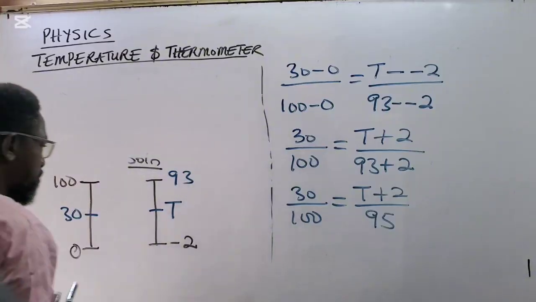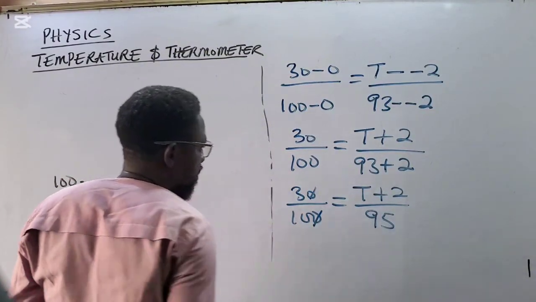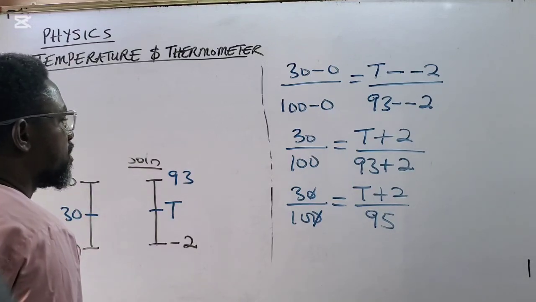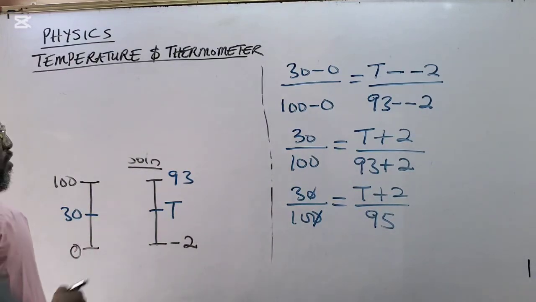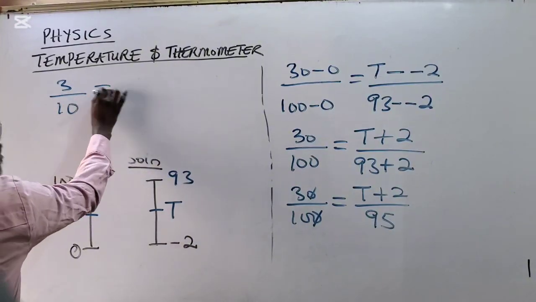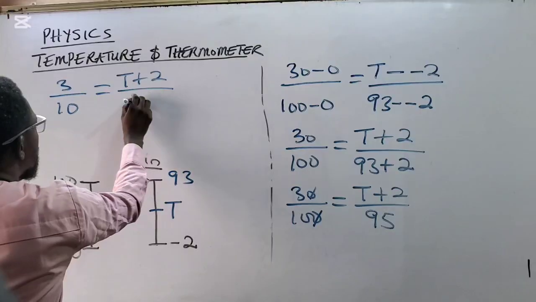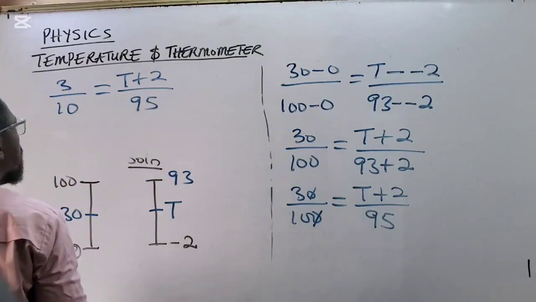Better still, before you cross multiply, cancel this 0 here and cancel that one here, so that we get 3 over 10 equal to t plus 2 all over 95.